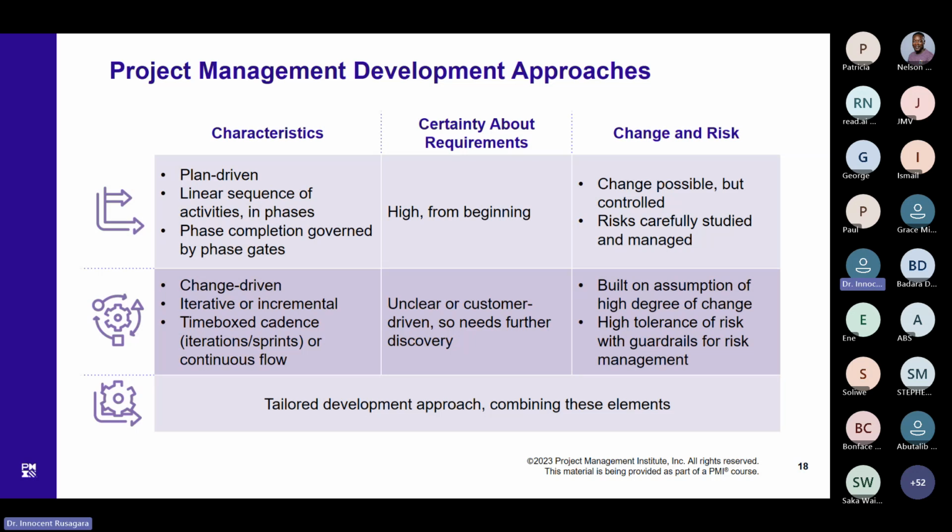Then the hybrid is when you are combining both. In terms of certainty about requirements, like I have said before, when the certainty is high from the beginning, you use predictive. When it is very low, you have to use adaptive.